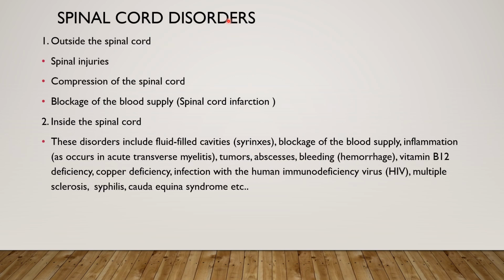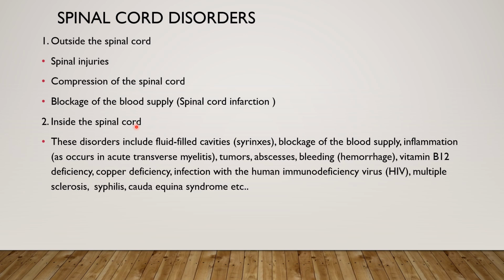Generally, spinal cord disorders can be classified into outside the spinal cord and inside the spinal cord. Outside the spinal cord, the disorders include spinal injury, compression of the spinal cord, and blockage of blood supply that may result in spinal stroke or spinal cord infarction.